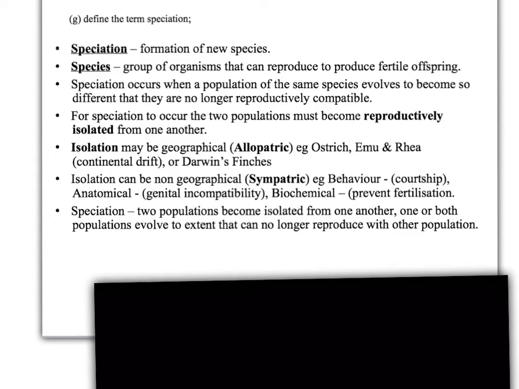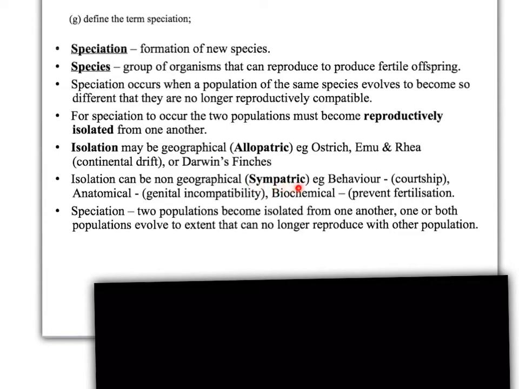There's another type of speciation which we can talk about, which is sympatric, which essentially means there's some sort of non-geographical isolation of two groups within the same population.